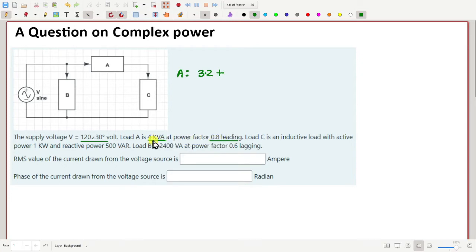So the reactive component will be 4 into 0.6, that means 2.4 kVAR, and since this is leading power factor, the sign should be minus j. So this is the complex power consumed by load A.